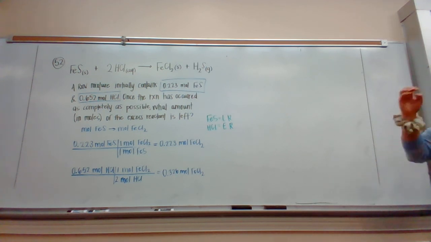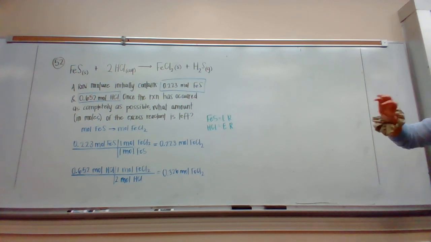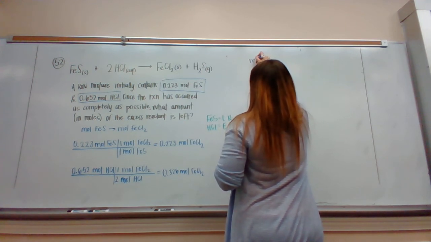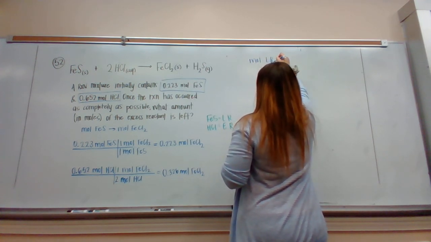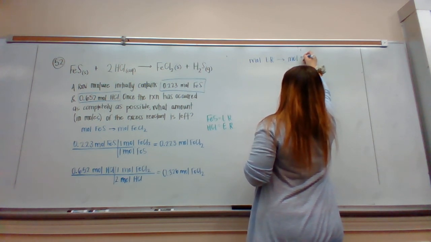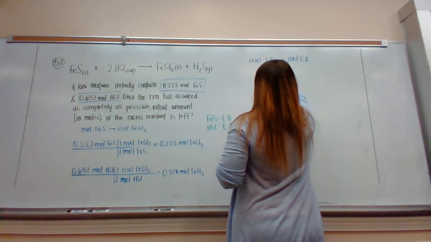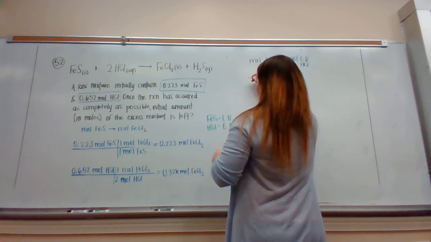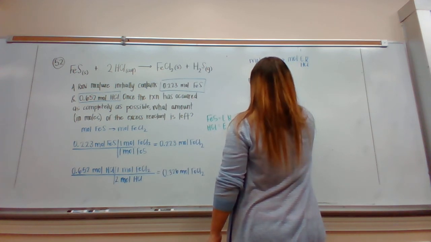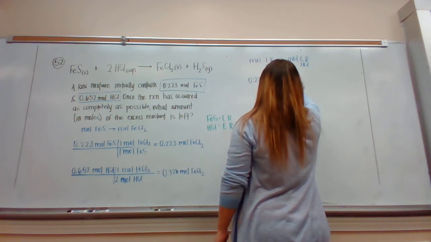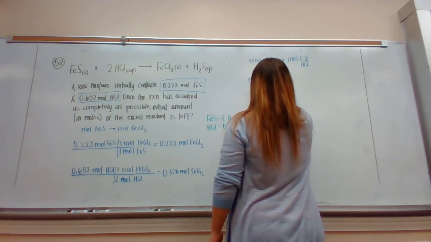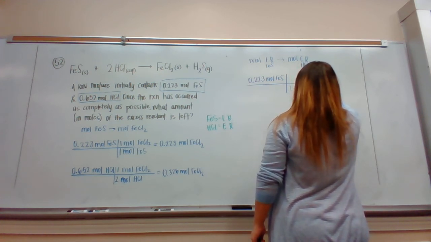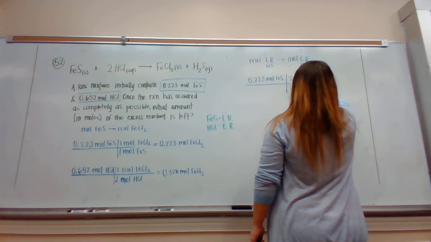Okay, so to find out how much of the excess reactant I need, this time we are going to go from moles of our limiting reactant to moles of our excess reactant. In other words, FeS to HCl. So start with your 0.223 moles FeS. 1 mole of FeS to 2 moles of HCl.